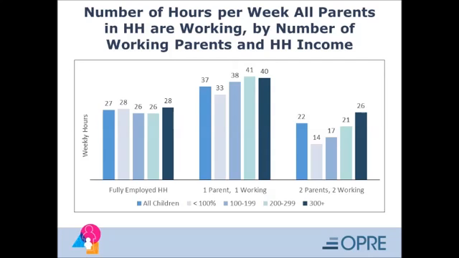In contrast, if you're a child in a two-parent, two-working parent household, in fact, you have, on average, 22 hours when all of the parents in the household are at work.